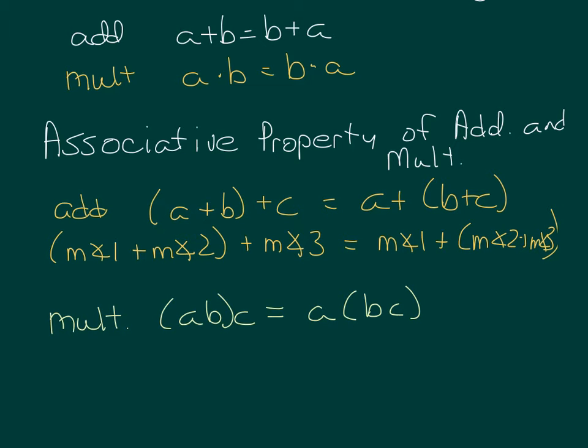And a geometric application: the measure of segment AC times 2 times the measure of segment CD is the same as the measure of segment AC times 2 times the measure of segment CD, regrouped. So just a geometric application of the associative property for multiplication.